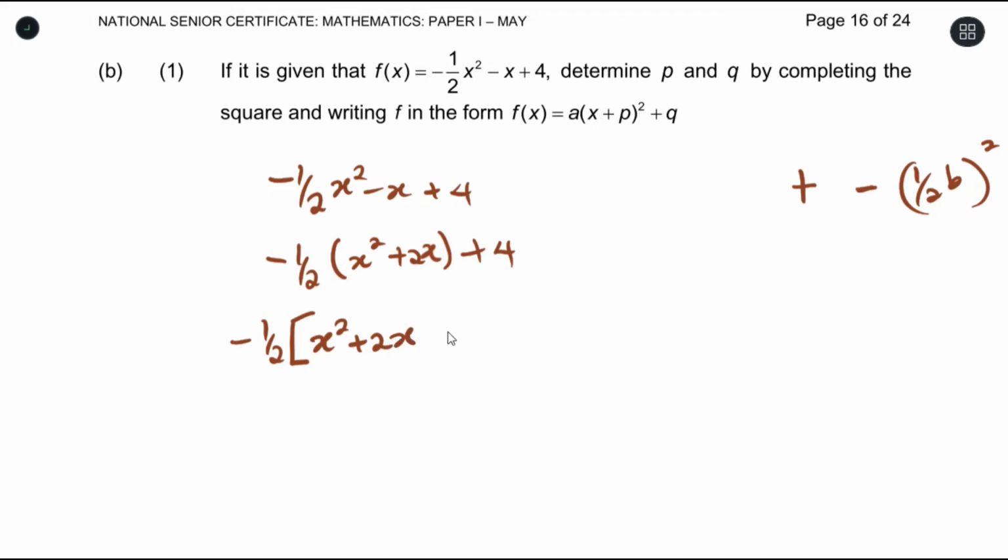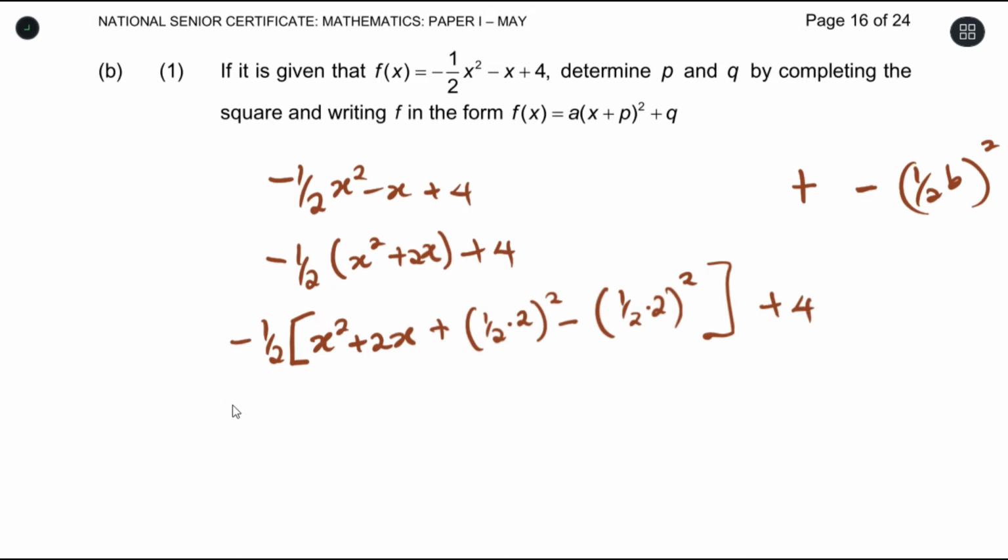So continuing this, now I'm going to add (½b), so it is (½ times 2) squared. I'm going to subtract, do the exact same thing, (½ times 2) squared. Then close this bracket plus 4.